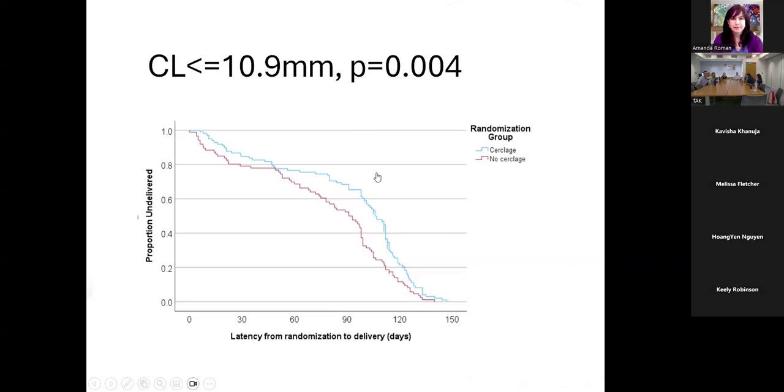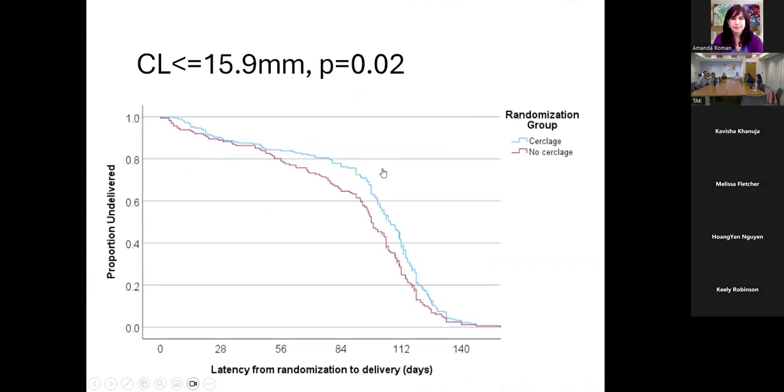And then, which is I think the thing for most discussion, this is still significant. So 15.9 was significant. So there was a prolongation in latency, looking at it statistically this way, which we had seen a trend before, looking at the data in different ways.